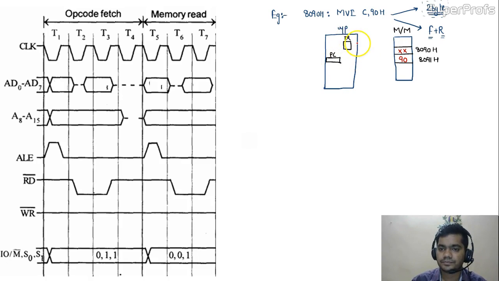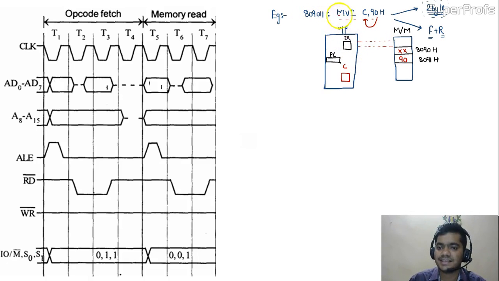Okay, what this instruction means is that this 90 data would be stored in the C register. So we are drawing the C register again.